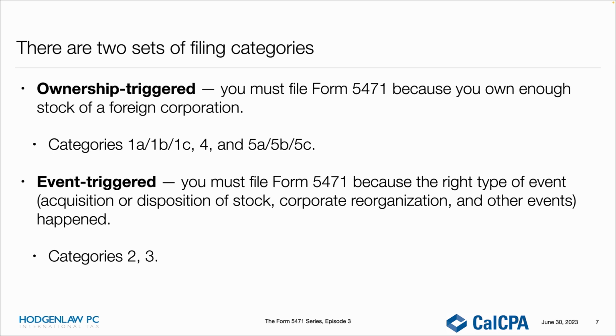Your stock percentage might go up or down, but you didn't acquire any stock, right? If some minority shareholders are squeezed out, now you own a higher percentage of the remaining issued and outstanding stock. There was no acquisition as such, yet it's one of the event triggering elements for categories 2 and 3.